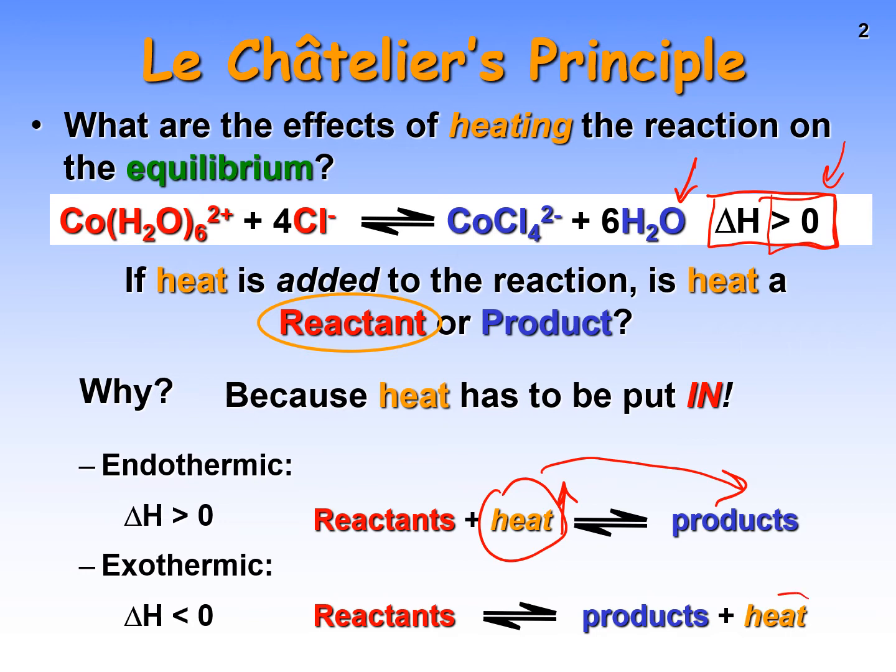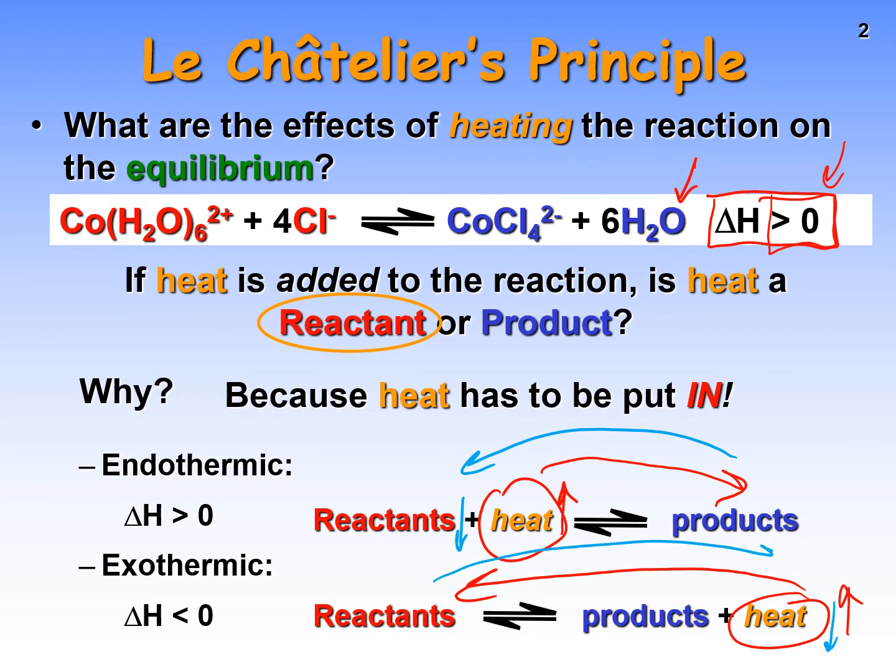Whereas if I increase temperature for an exothermic reaction, I'm increasing a product, which means I'm going to shift towards the reactant side. And the opposite is true of decreasing, right? If I'm decreasing heat, I'm decreasing a reactant. My reaction is going to shift towards the reactants for endothermic. Or if I decrease an exothermic reaction's temperature, I'm going to be shifting towards the products.